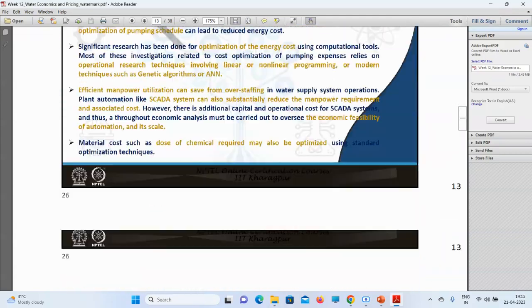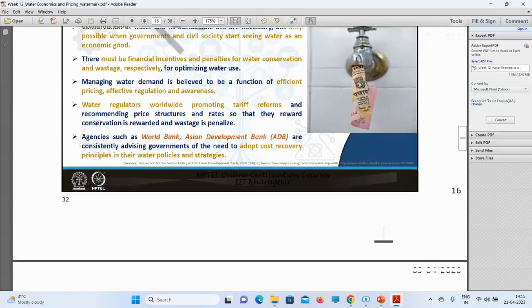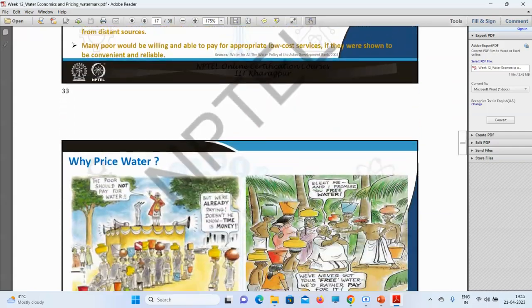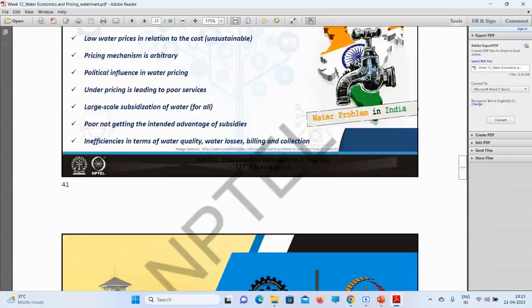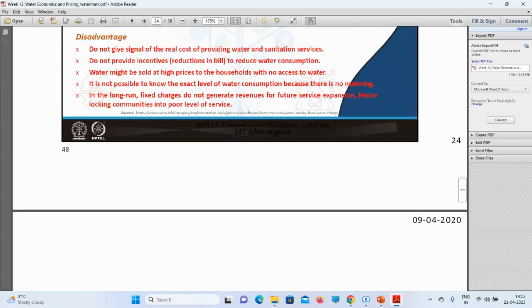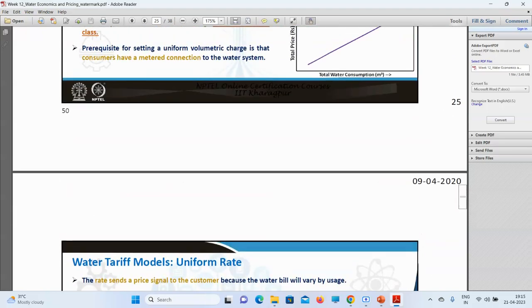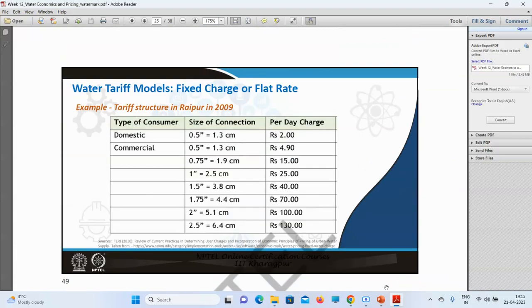So that was the uniform rate method. Do you have the material? You can refer to page 33 of that PDF, week 12 material.